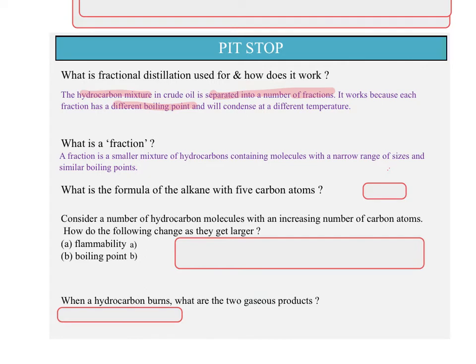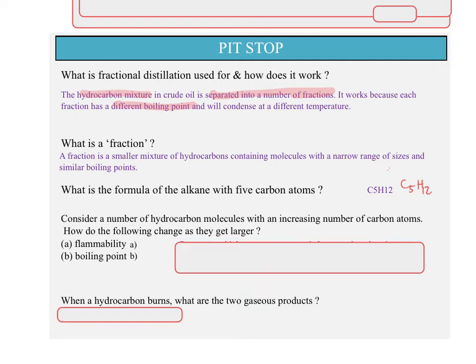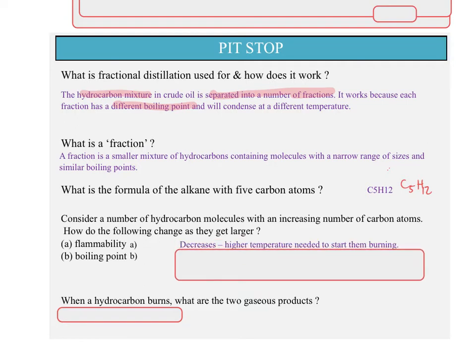The formula for the alkane with 5 carbons, using our CnH2n+2, is C5H12, and hopefully you will know by now that that is obviously not written in the way that it should be, and actually that is pentane.